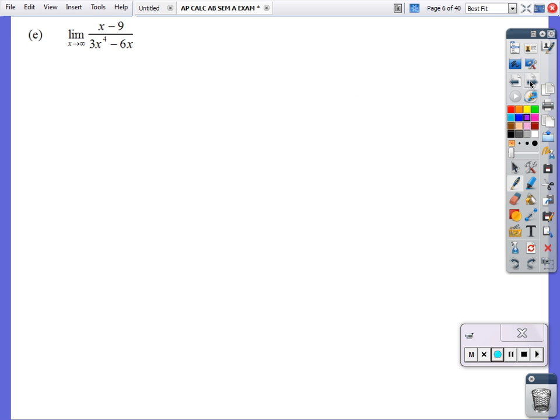Let's see, letter E, again, end behavior. Circle the highest power term in the numerator, highest power term in the denominator. This one is extremely easy because if you think about infinity being substituted in, you're really going to end up with the denominator getting huge.